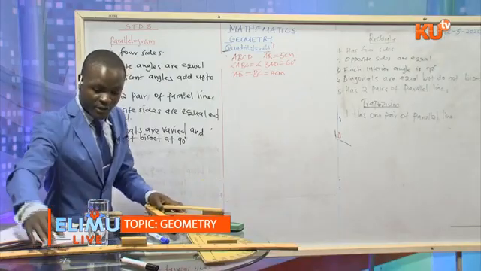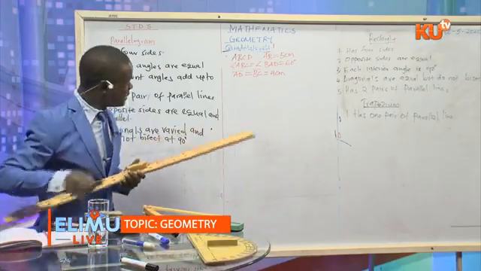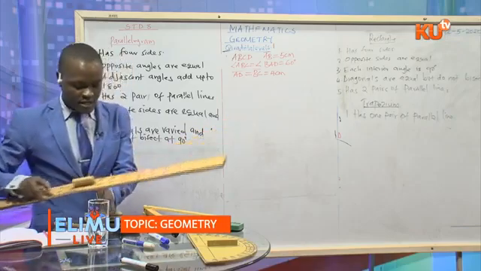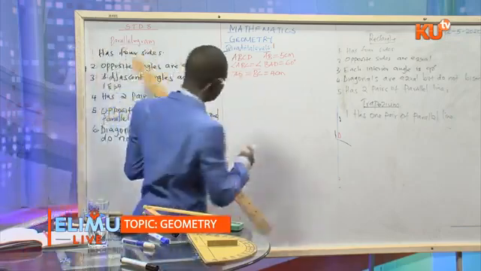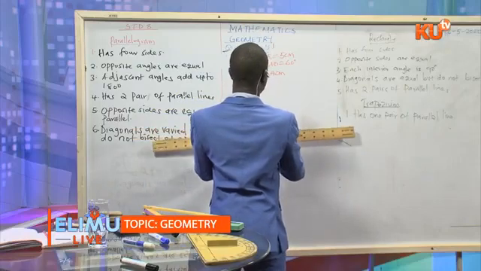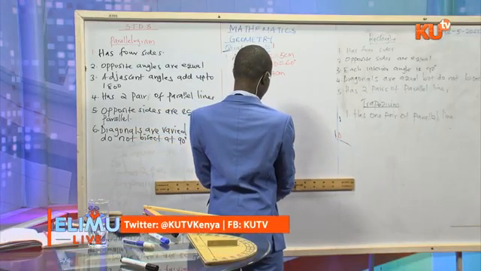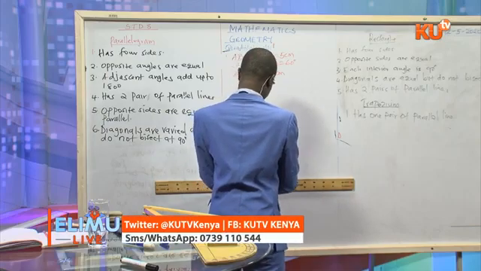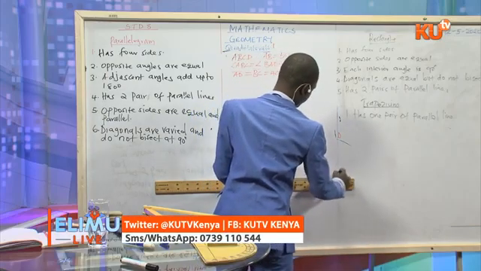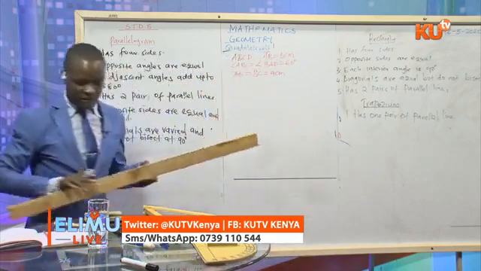So what we are supposed to do, learners, is that we draw a straight line. We'll start with line AB. Put your ruler like that. Draw a very straight line, like I've just drawn.